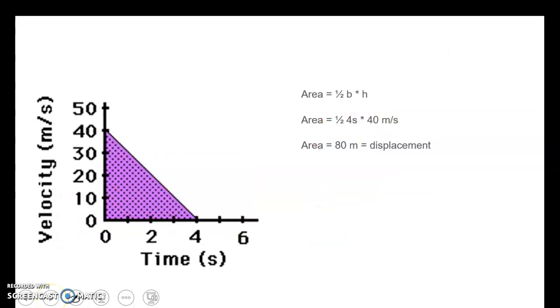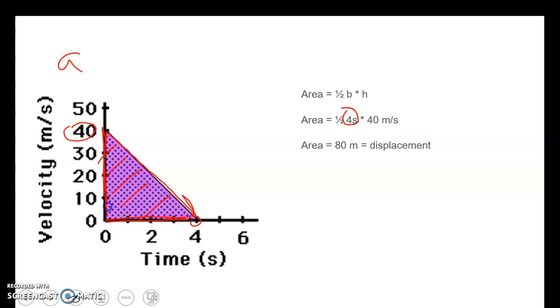If we have an acceleration going on here, let's say we are slowing down, okay? We start at 40 meters per second, and in 4 seconds we go down to 0. Again, there's a couple ways to do it. We could use our acceleration equation from before, or just find the area of this triangle. Area is 1/2 base. Our base is right here, which is 4 seconds.